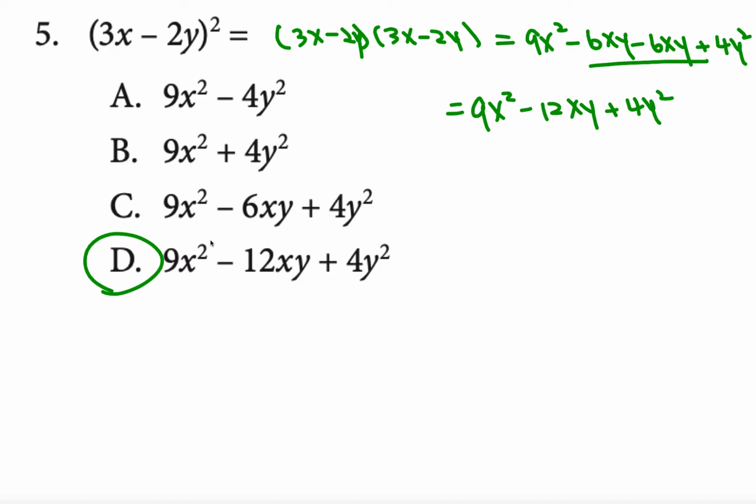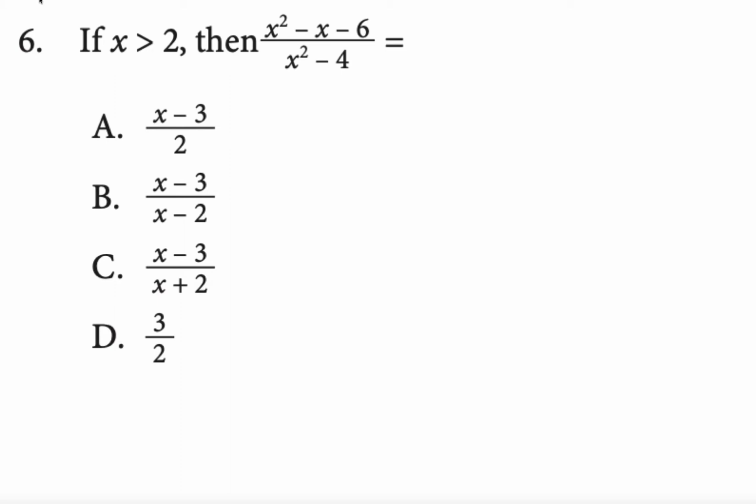Number 6. Now, number 6 here we have... Oh, wait a minute, how am I going to simplify this one? Yes, we can factor that. Which two numbers multiply to -6 but add up to -1? Yes, it is -3 and +2.